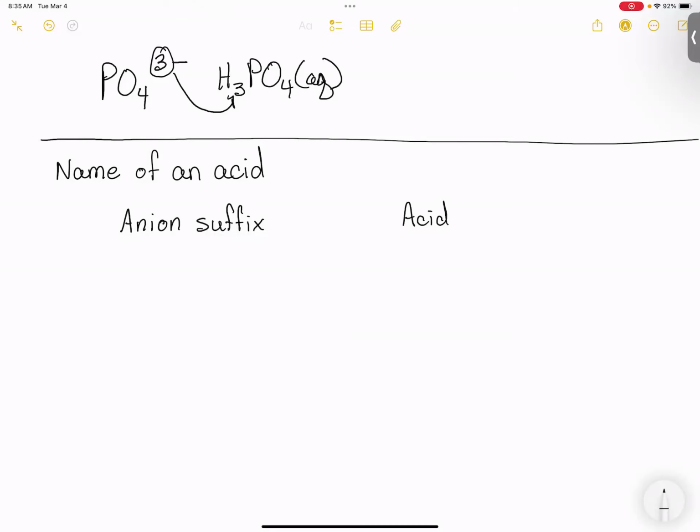If the suffix of the anion is IDE, then the acid is going to have the prefix hydro, followed by the root, and ic acid.